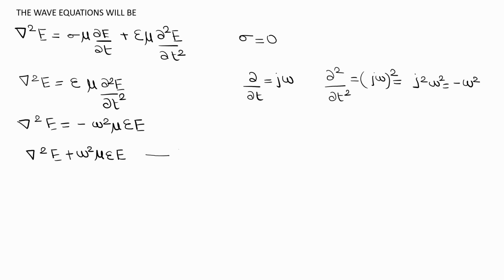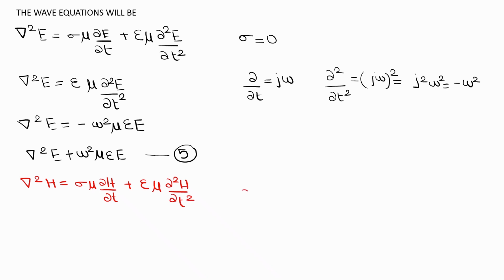That is equation 5. Similarly, we can write the magnetic field component of the wave equation, that is del square H equal to sigma mu dou H upon dou t plus epsilon mu dou square H upon dou t square.